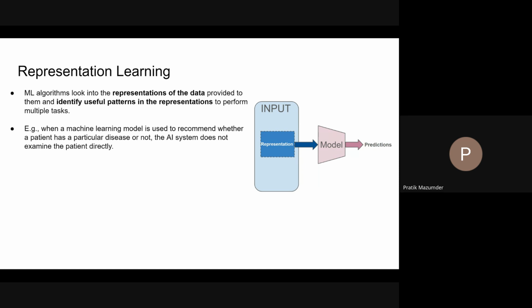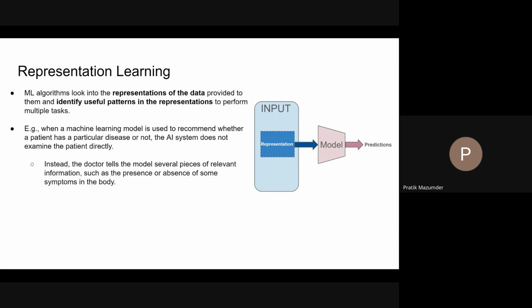So if you are still trying to grasp the understanding of what a representation is, just think of a particular machine learning model that is used to recommend whether a patient has a particular disease or not. And obviously your AI model, at least till now, will not directly examine the patient.